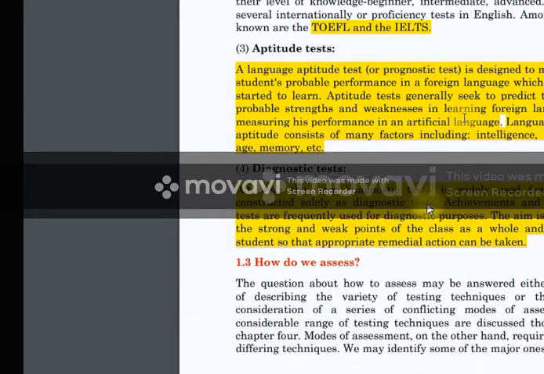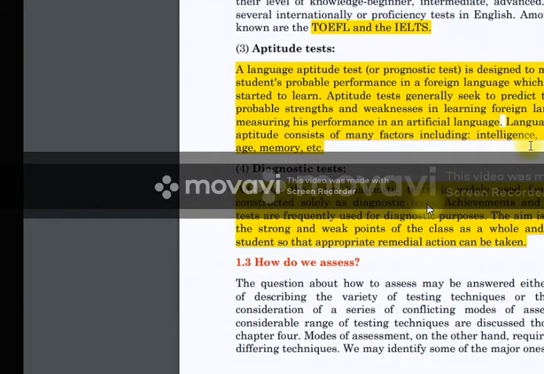So, depending on the results of this test, I can get an idea concerning what the students will be able to do with the language after the completion of a specific language course.